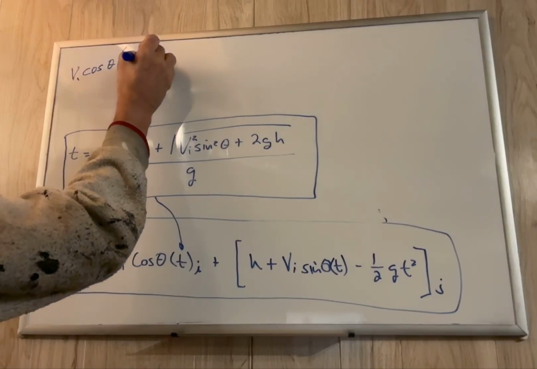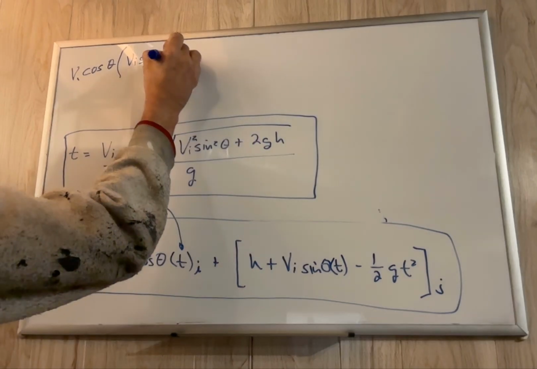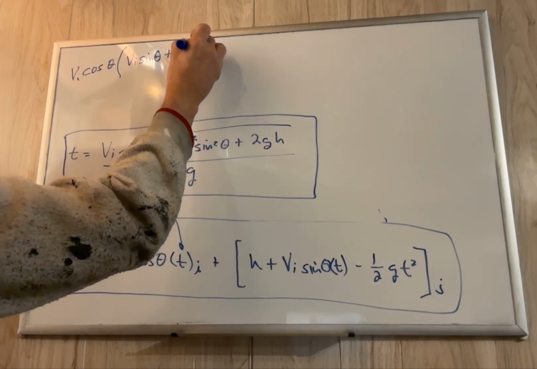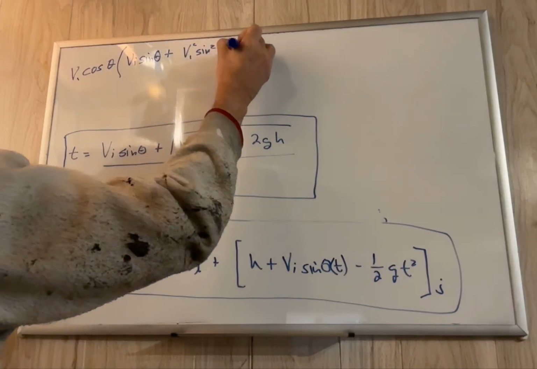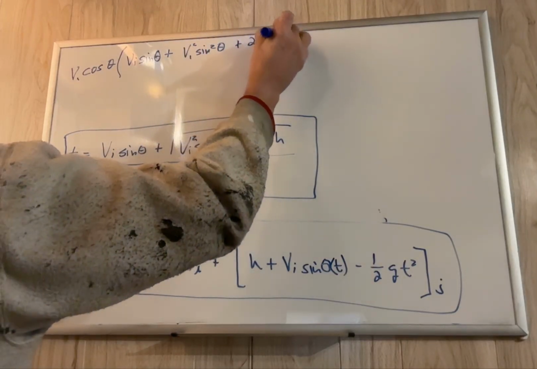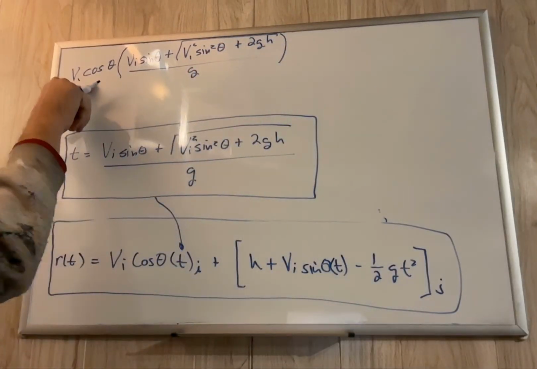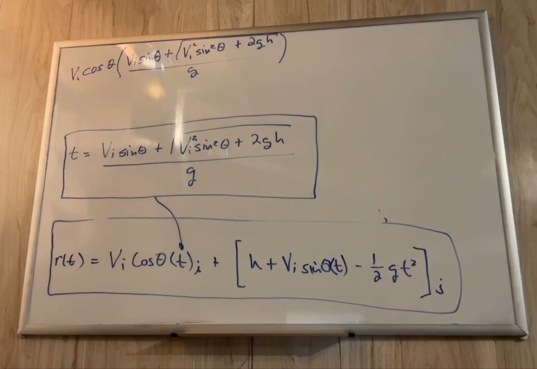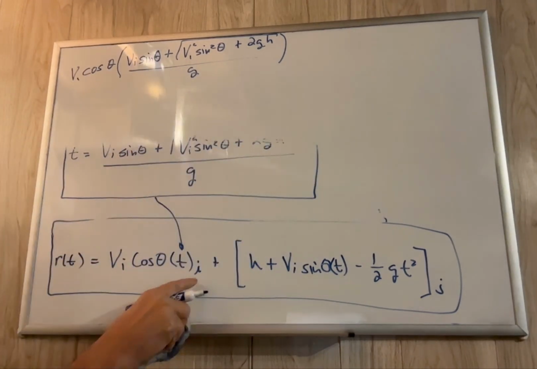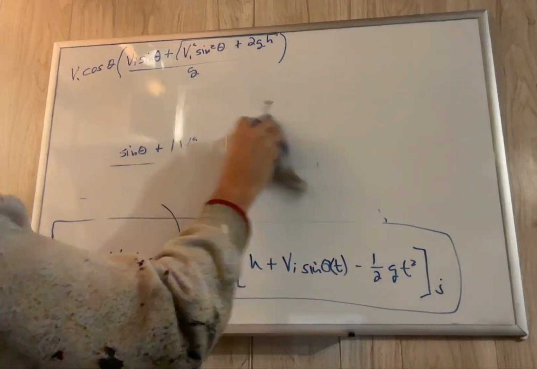Velocity initial sine theta plus the square root of velocity initial squared sine squared theta plus 2gh, divided by g, right? Hey, but we've done that. We put our t in here for that. What's this going to show us? This is going to show us how far downrange the thing goes, right? Because you're talking about the i direction now. So this is going to show us how far downrange this thing will go.